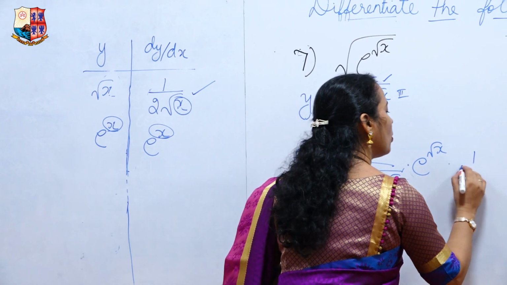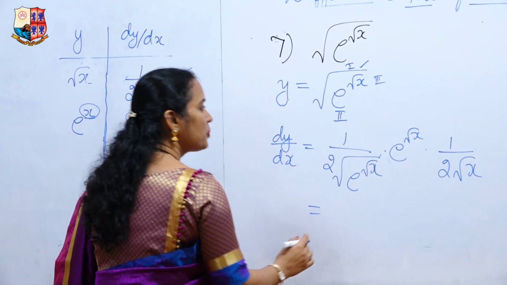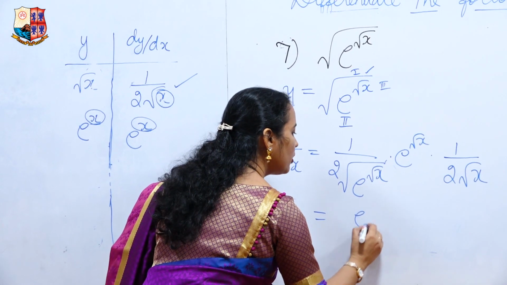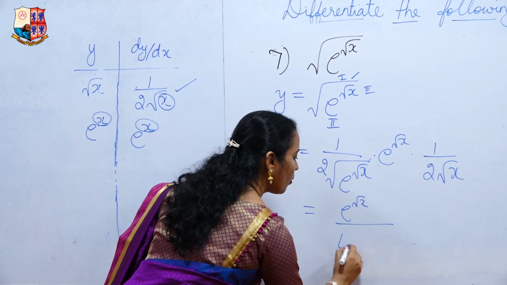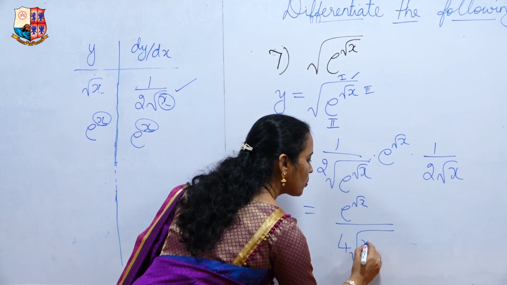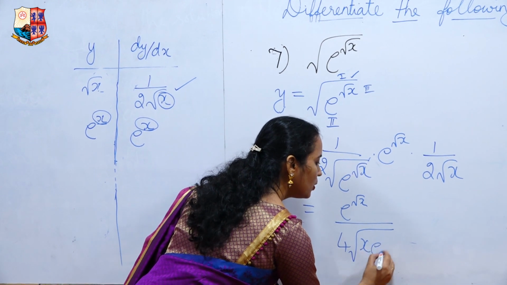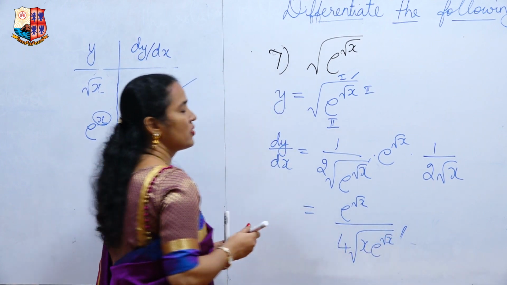So into 1 by 2 root x. Arrange it properly. E to the power root x upon 2 into 2 is 4. Both are in the square root. So write it together. Square root of x into e to the power root x. We are done with the seventh answer.